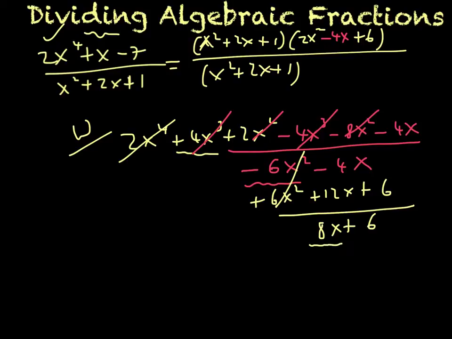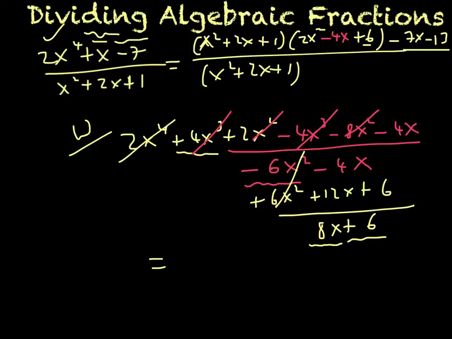So we have 8x, we need 1x, so we're going to need to subtract 7x, because remember, everything beyond the constant has to be our remainder term. And here we have plus 6, here we have minus 7, so we're going to need to minus 13.